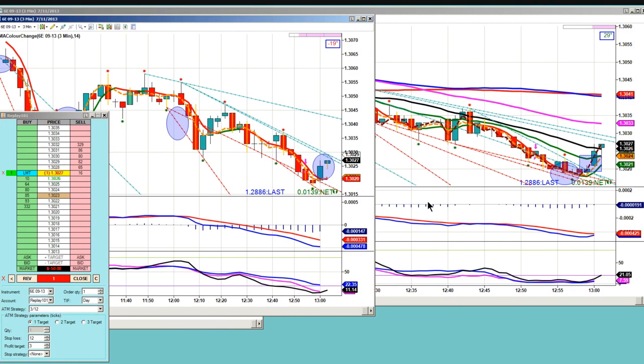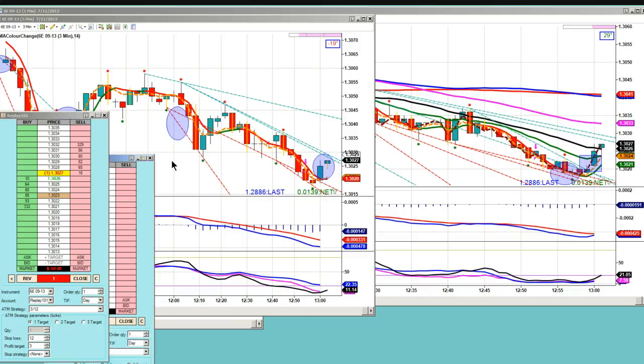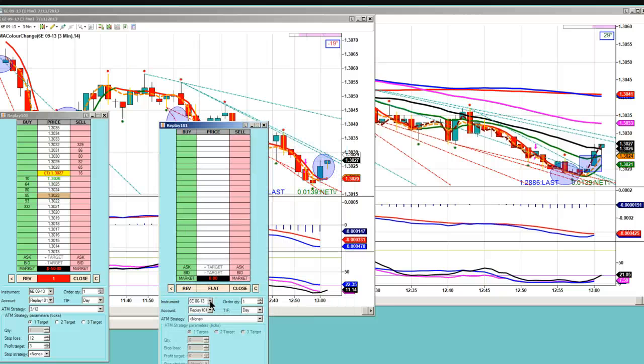But let's say you don't notice that. Here's where having a second account really helps. Now what we're going to do is divide our risk.